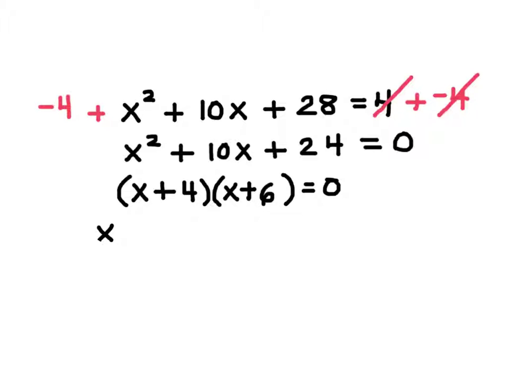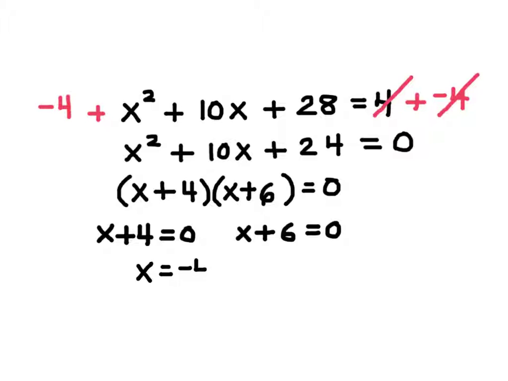So we say either x plus 4 is equal to 0 or x plus 6 is equal to 0. In our first equation, we can add a negative 4 to both sides, and we get x is equal to a negative 4.